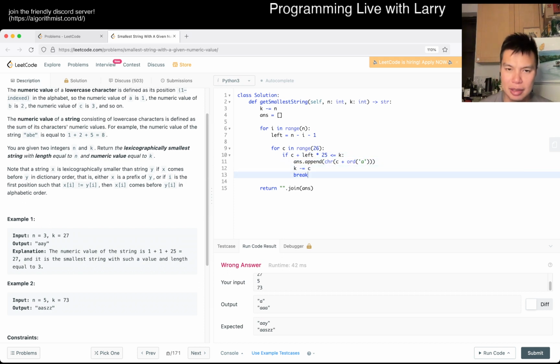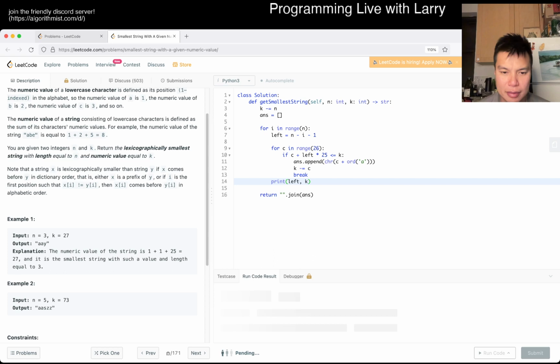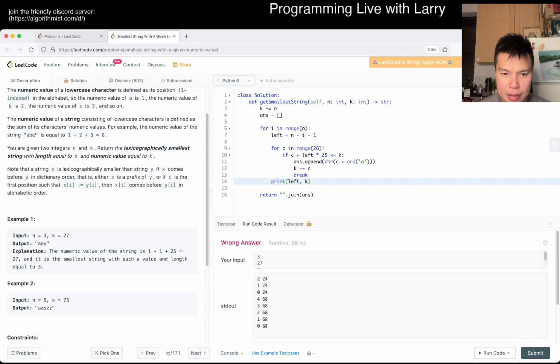Okay. I mean, I'm trying to visually debug, but you can't. So let's take a look. So you have 2 and you have 24 left. So you A, right? Did I mess up something? Why is this not?